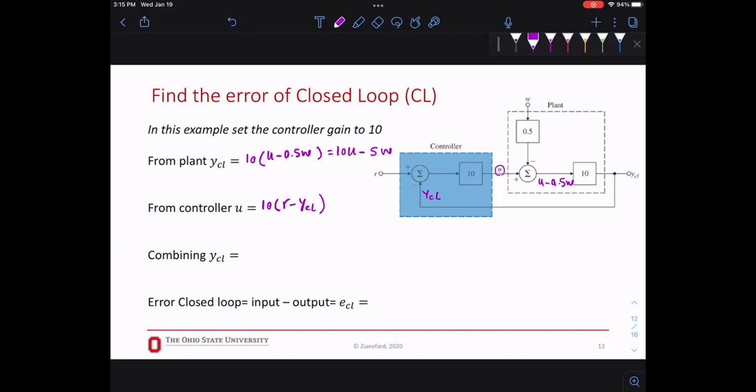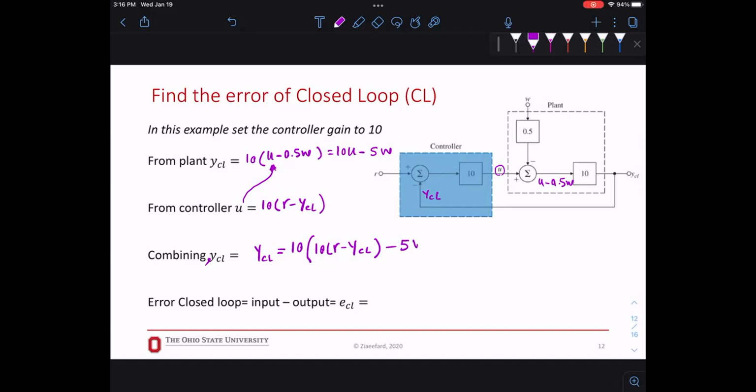Now combining them, I'm going to get YCL, basically subbing for U, so I can only have R and YCL. So I can say YCL is equal to 10 times, so what I'm doing is subbing this here, right? Minus 5. I already did that.